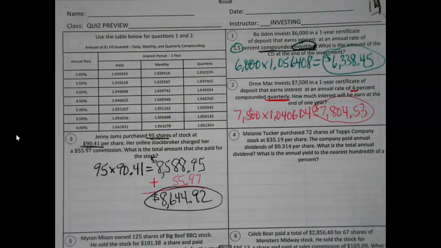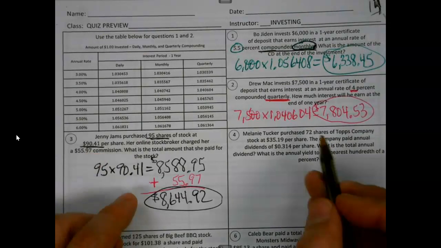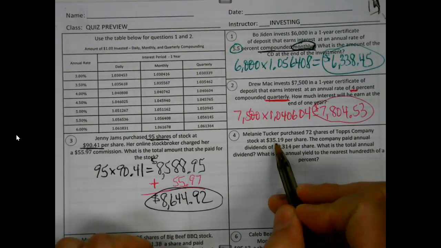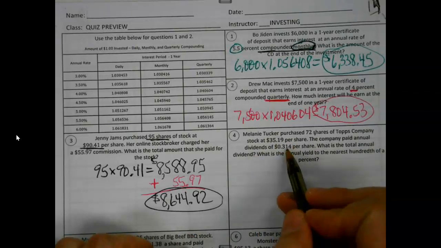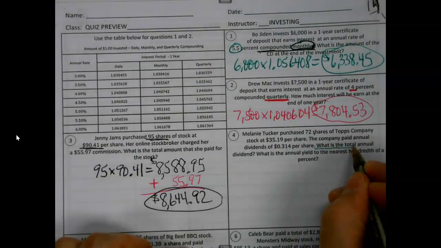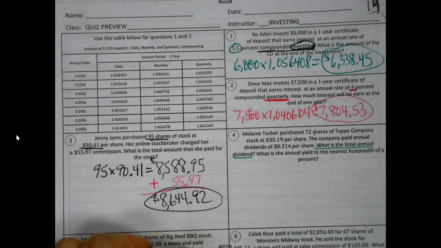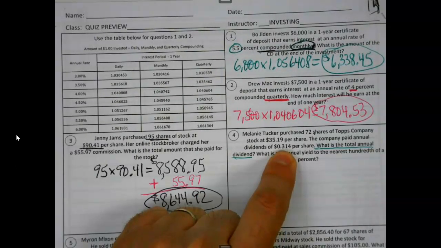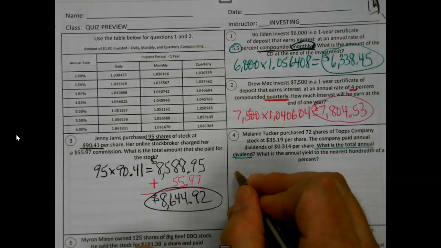So like you look at the next one, you're like, okay, I'm buying shares again. 72 shares, $35.19 per share, paid annual dividends. Okay, so part 1, what's the total annual dividend? Now, here, it's not just that 31.4 cents, because I have more shares than that.